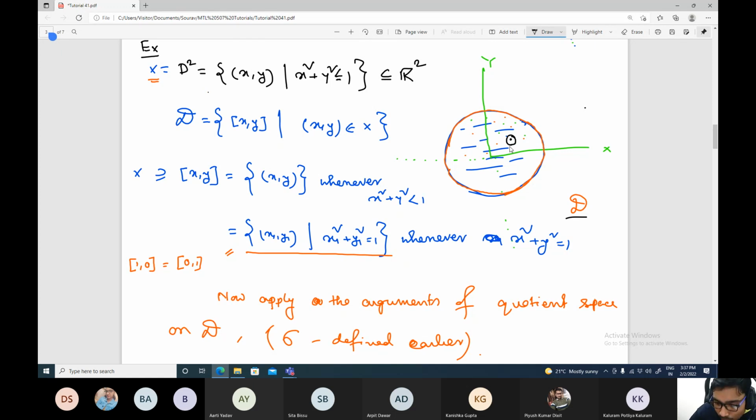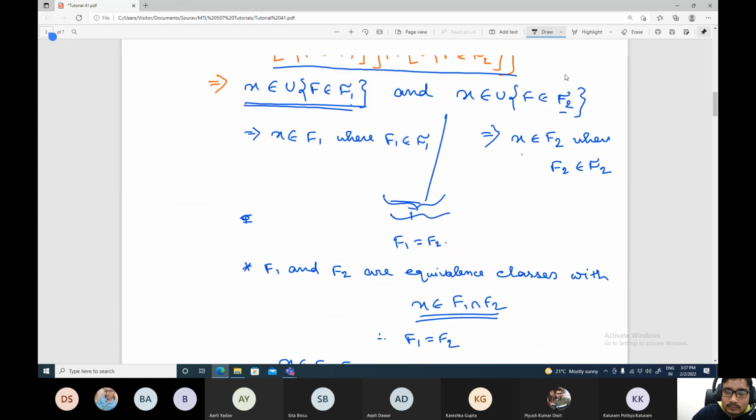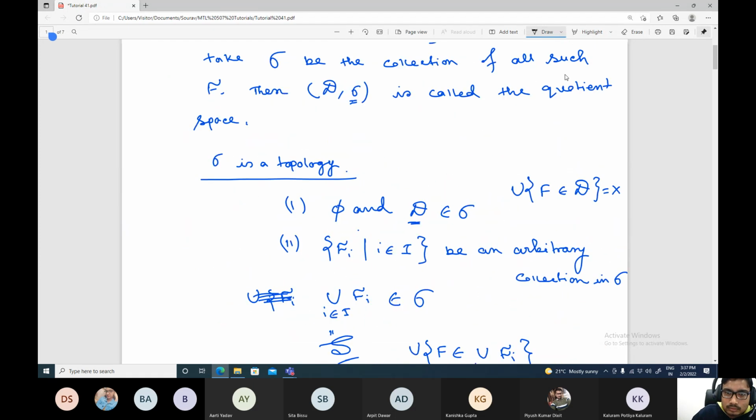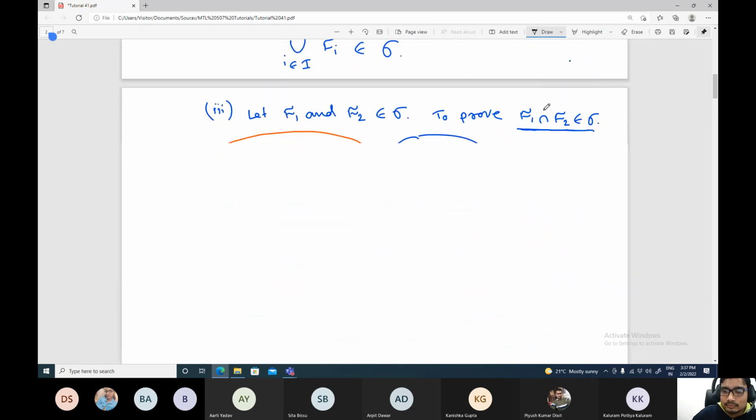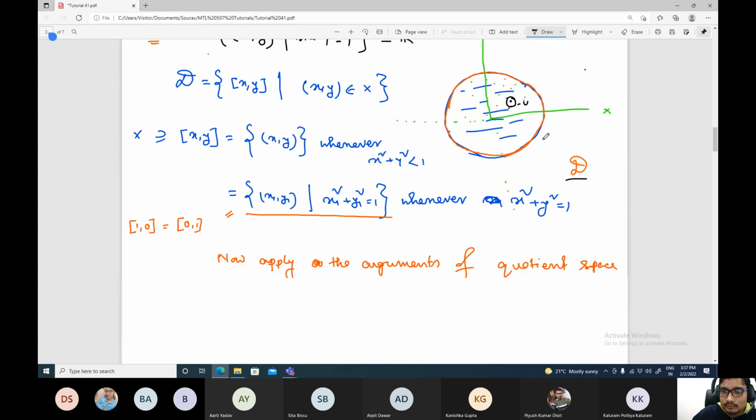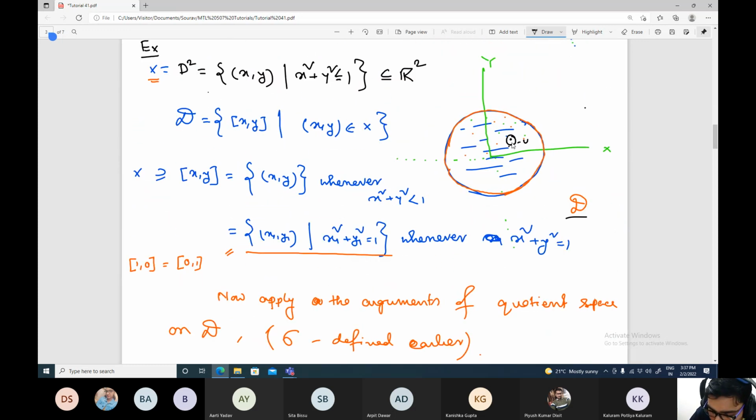Now, if you take a point from the interior, and take a neighborhood, say U, then what will this set be?